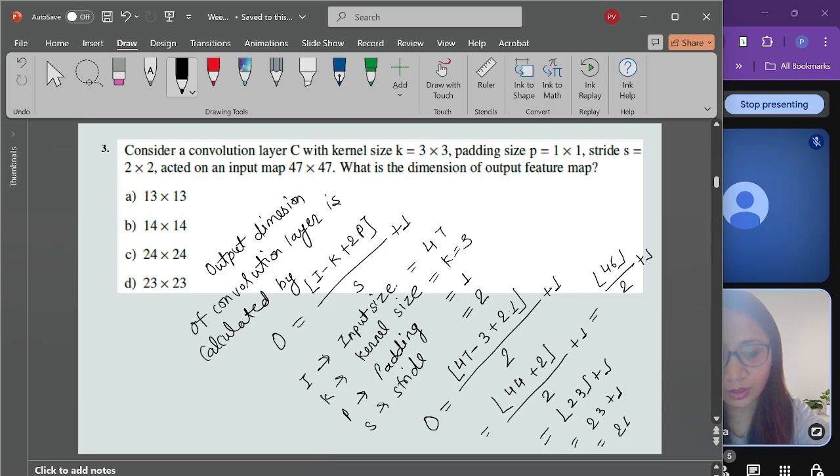So here you will get the output dimension 24 and 24, that means 24 cross 24. If you see the options, you will get option C is the correct answer for this question.